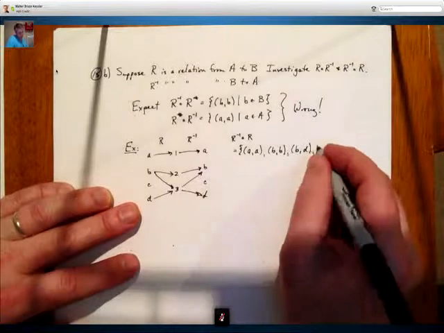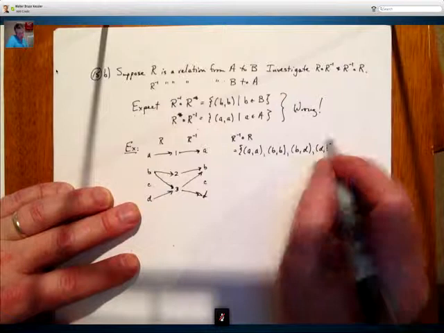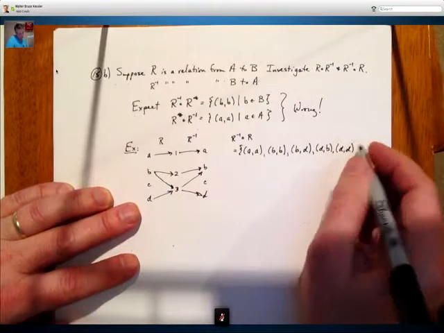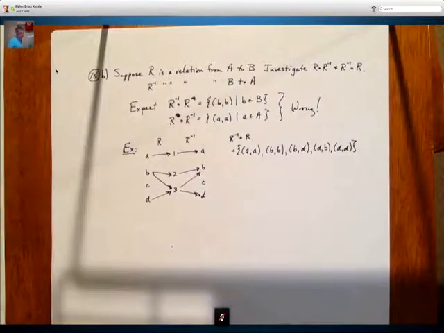And then I got D goes to 3, but then goes to B. And also to D. Okay, and of course C didn't get anything.